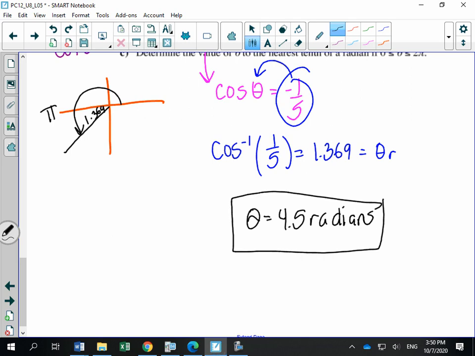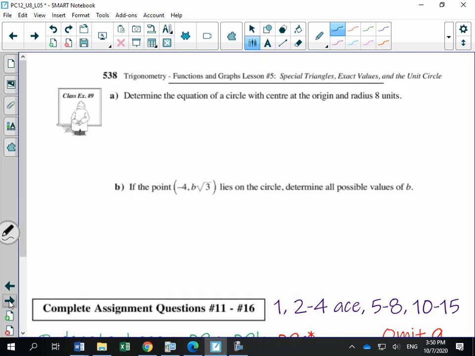Okay, we have one last class example for this question, and this is going to be on that second equation. So the first equation was on the unit circle. So remember, if we're on the unit circle, it's x squared plus y squared equals 1. This says determine the equation of a circle with a center at its origin and a radius of 8. So radius of 8 means that we're not on the unit circle, we're on a bigger circle.